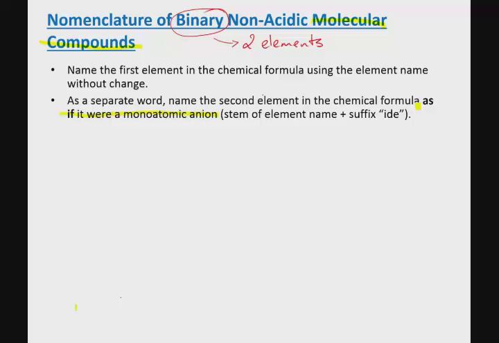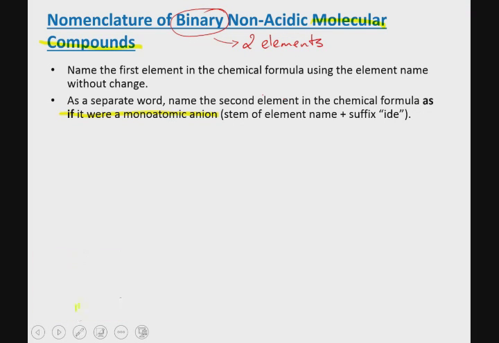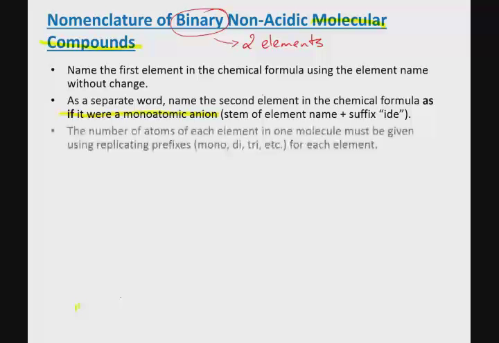Please remember, this does not mean that it is a monoatomic anion. It's a molecular compound. There are no ions. We are just pretending that the second element is a monoatomic anion for the purpose of naming. But we do have to do something else for such compounds, which we have not done yet.